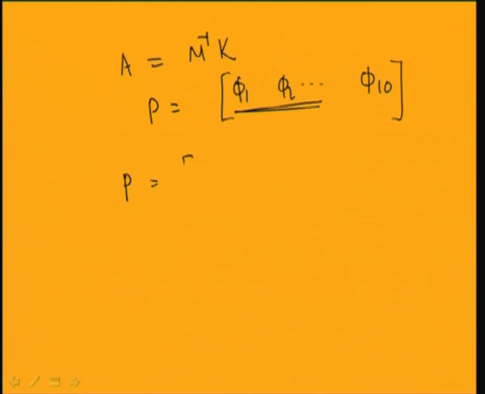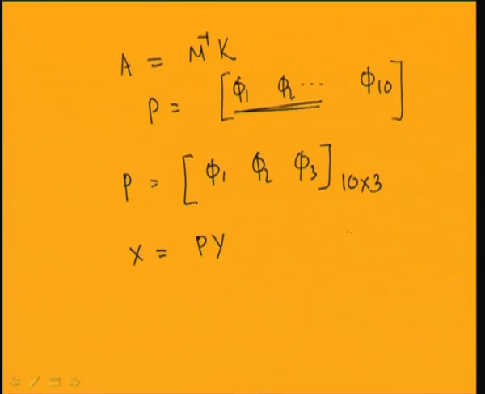So P equals phi 1, phi 2, phi 3, which are the first 3 modal vectors. Now by using x equal to P y, where P equals phi 1, phi 2, phi 3, P is a 10×3 matrix, so 10 rows and 3 columns.